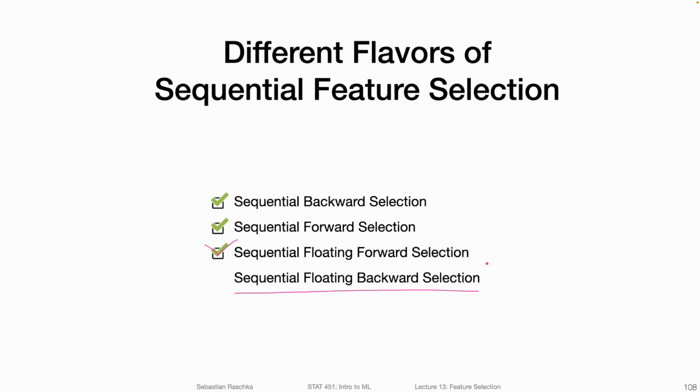In sequential floating forward selection, we have the optional backward step that we just discussed, and in sequential floating backward selection, we would have an optional forward step. And this is really it. So these are the main methods of sequential feature selection.